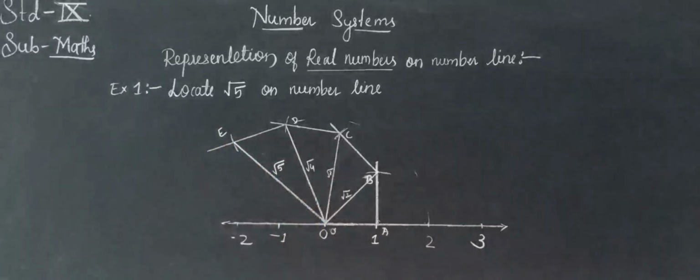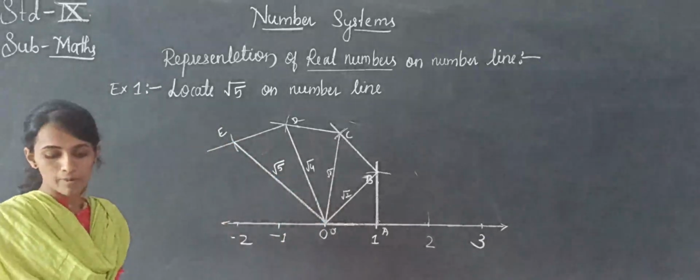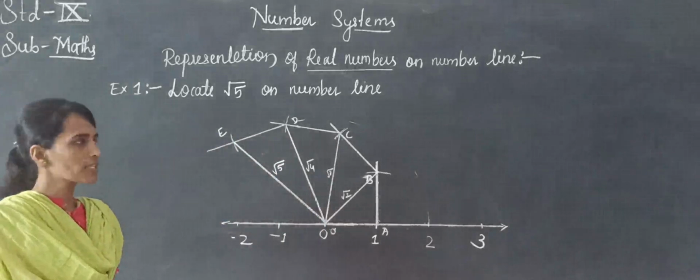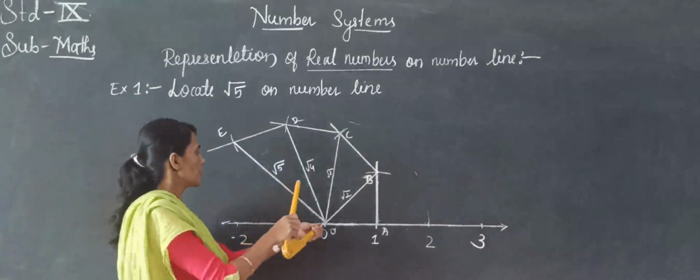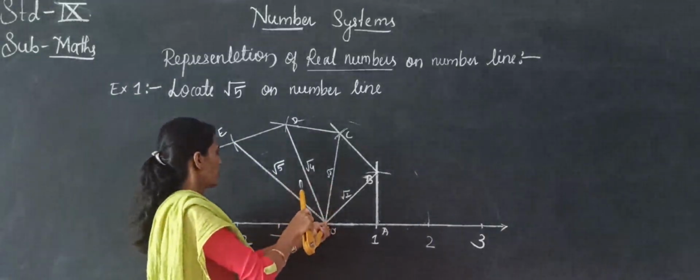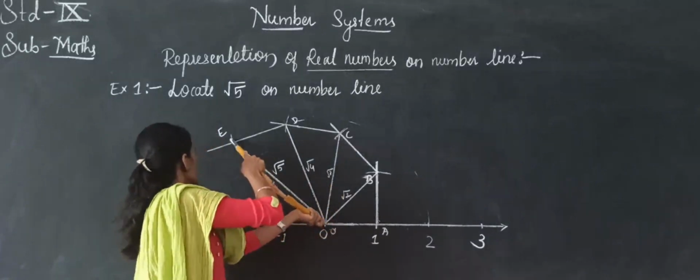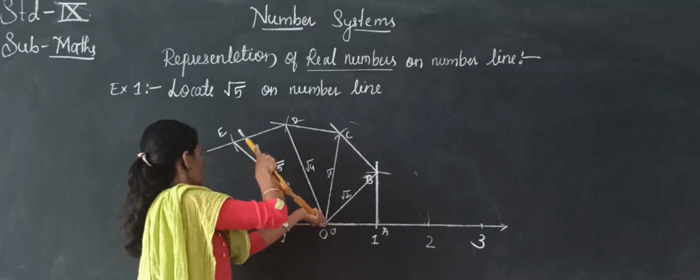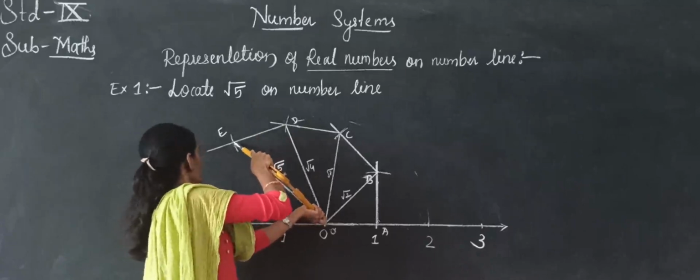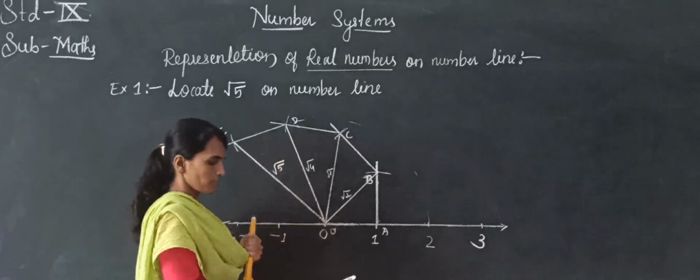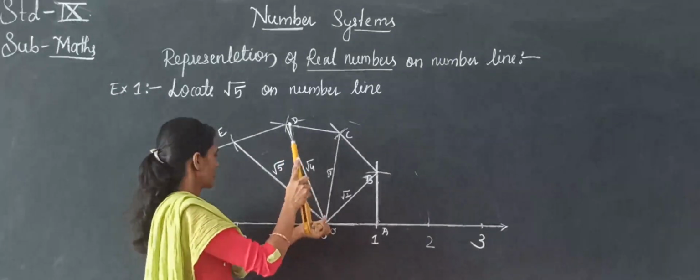But is drawing this much enough? No, we are representing the root 5 value, where it will be on a number line. So for that, take O to E as a radius of the compass. It will be a little tight.